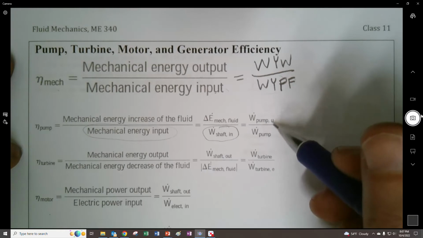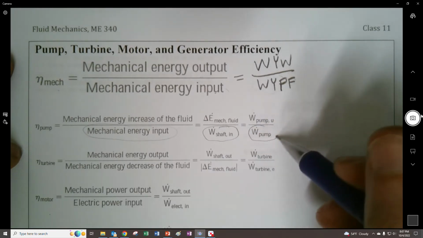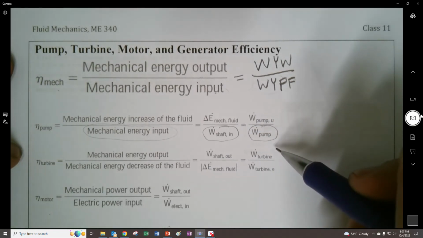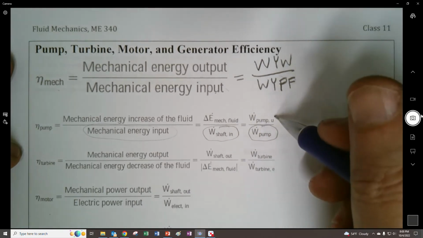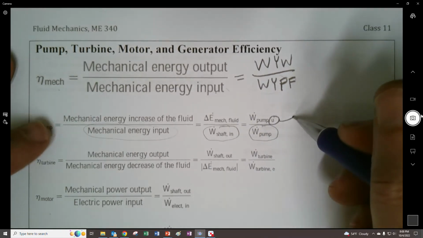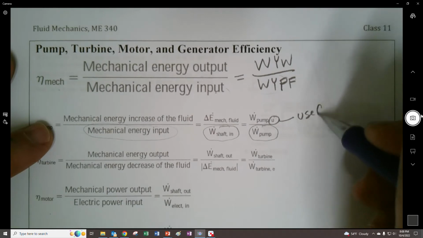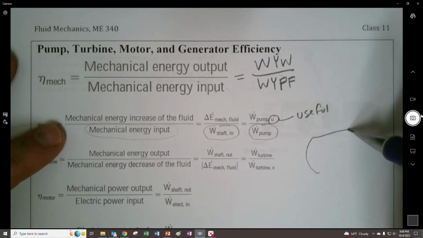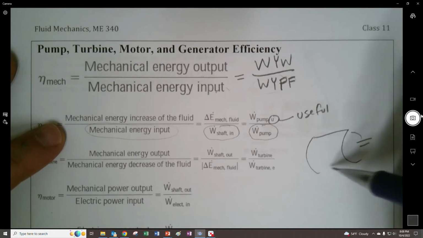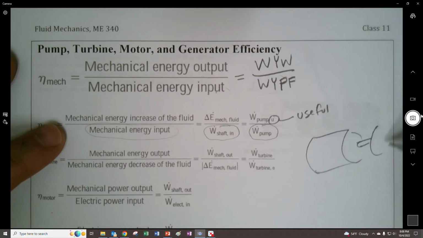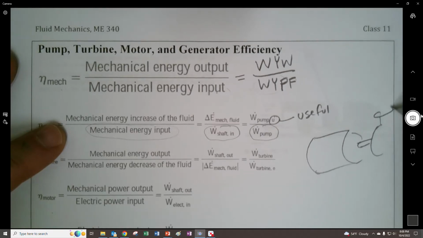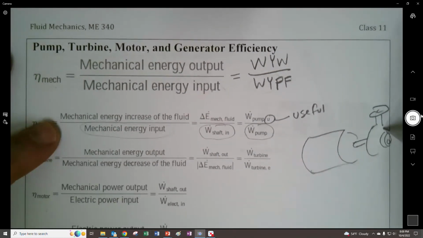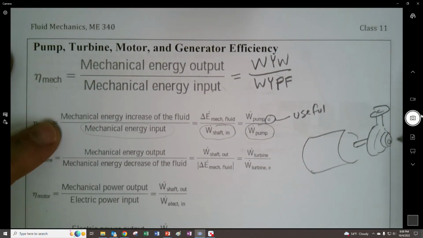We often say this is the work the pump is doing as the shaft comes in, and this U is going to be useful work, right? So we have this little motor connected right here to a pump, and I'll make it look like a centrifugal pump. Here's the output, and here's the input, where the pipe is coming into the thing. So we have fluid coming in and fluid coming out.